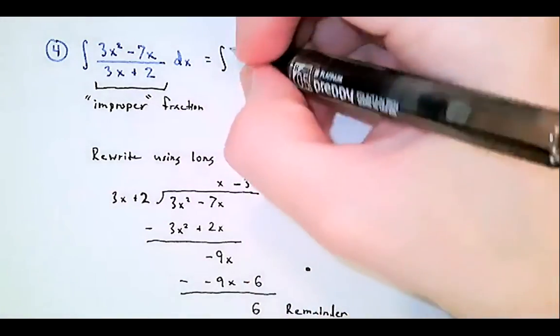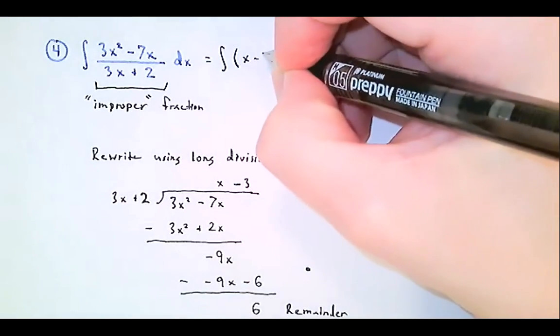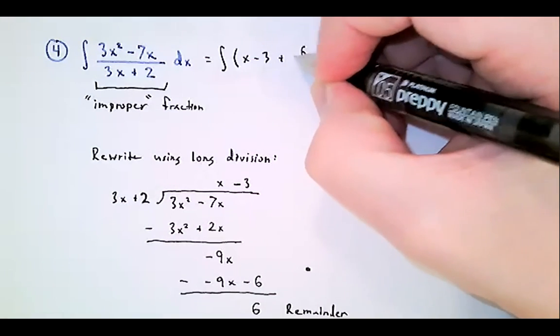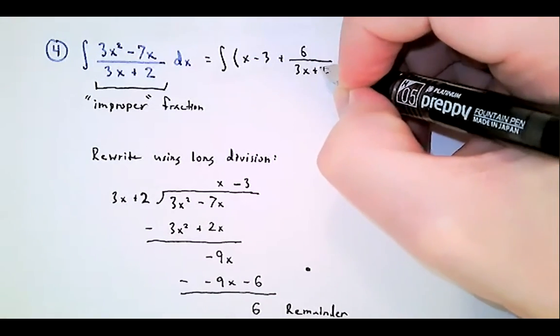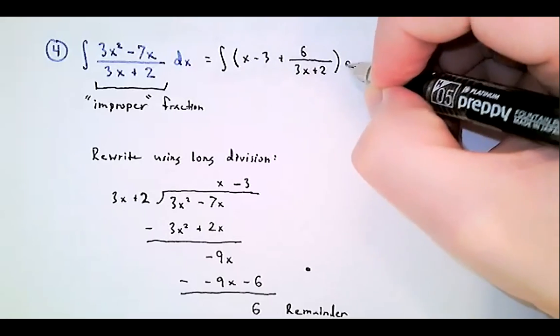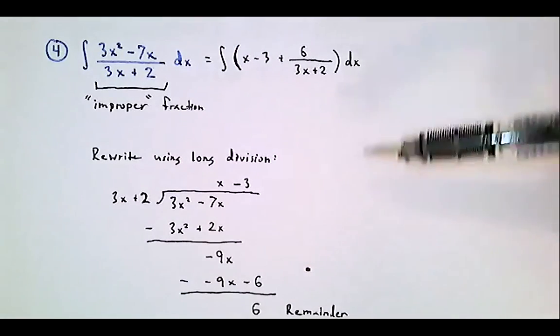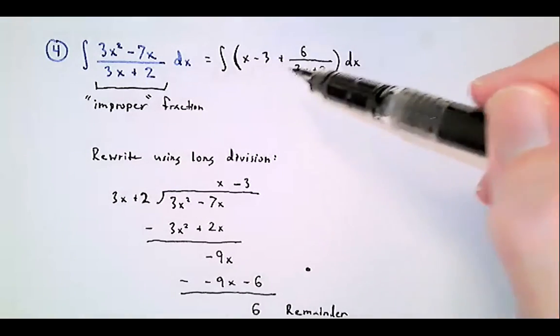The dividend, I believe. x minus 3, and then the remainder, 6, over the denominator, 3x plus 2. Okay. So now that we've done long division, we end up with something that we can actually integrate.